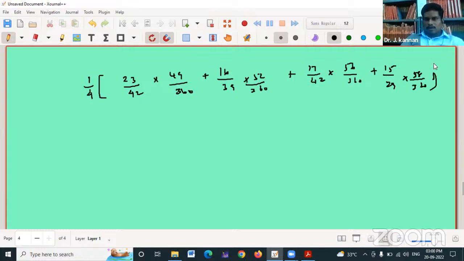The total sale is 8640. So simplifying these, the final answer is 605 crore.